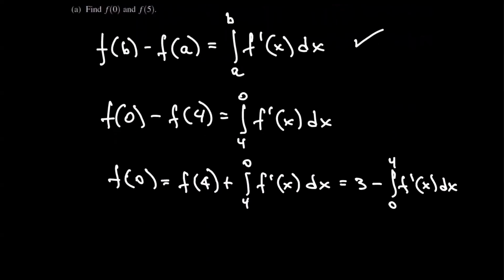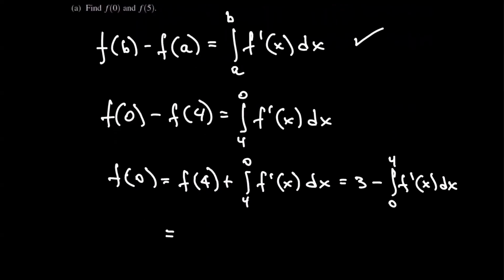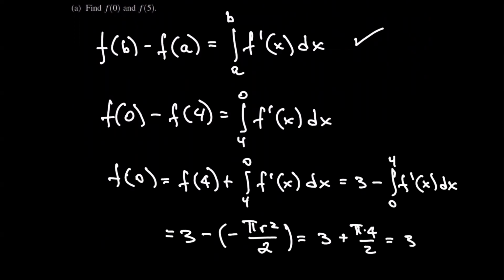So all of this is equal to 3 minus the negative area of the semicircle, minus pi r squared over 2. Plugging in r equals 2 gives us 3 plus pi times 4 over 2, equals 3 plus 2 pi. So the value at 0 of the function is 3 plus 2 pi.